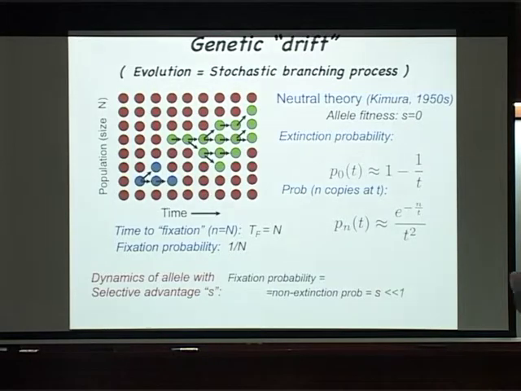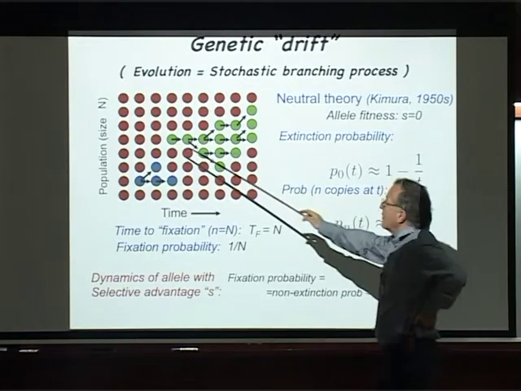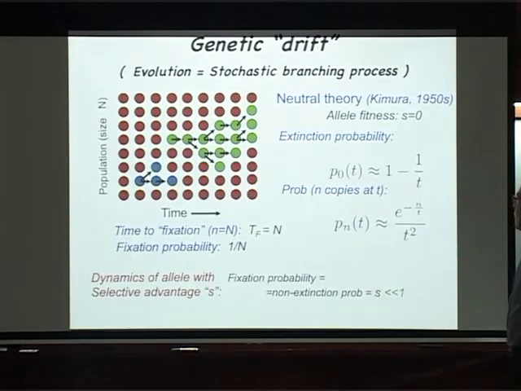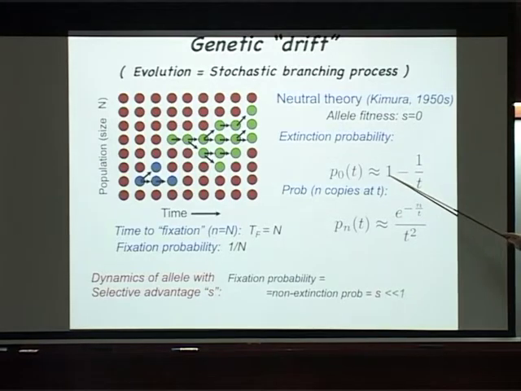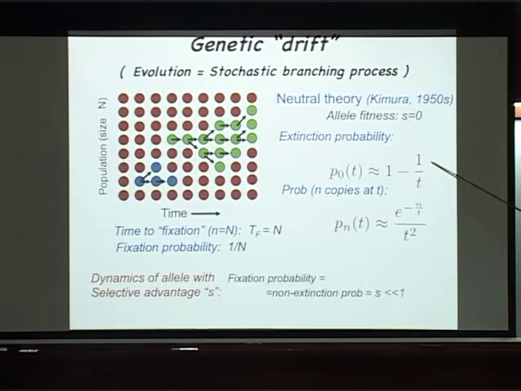And one can actually calculate this, and we're going to do exactly that. One will find that if a new allele comes in at time t0, then t generations later, its extinction probability is approaching 1 as 1 over the number of generations.